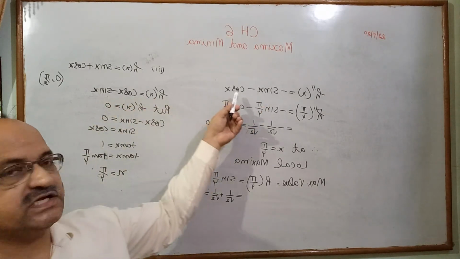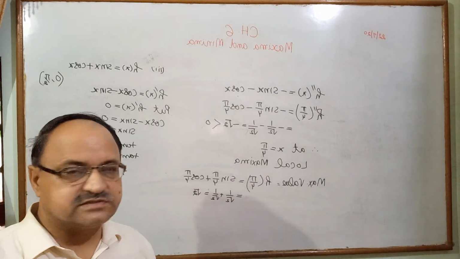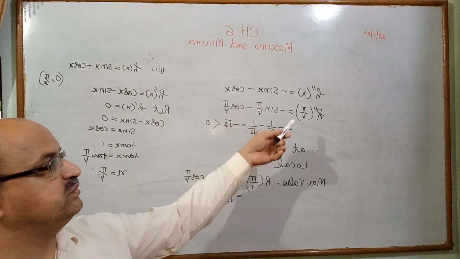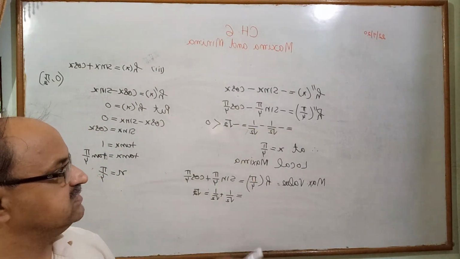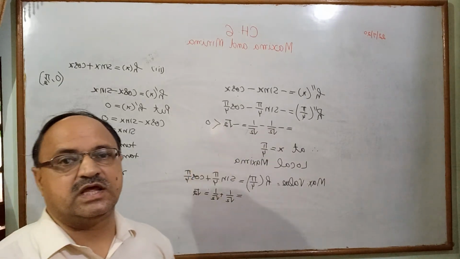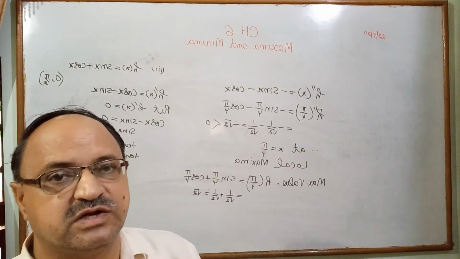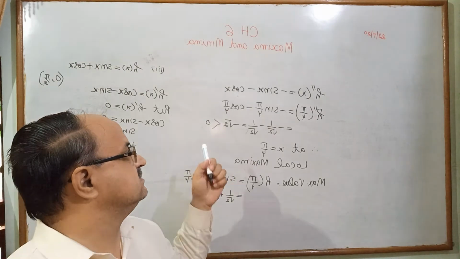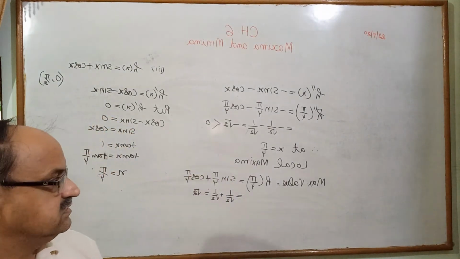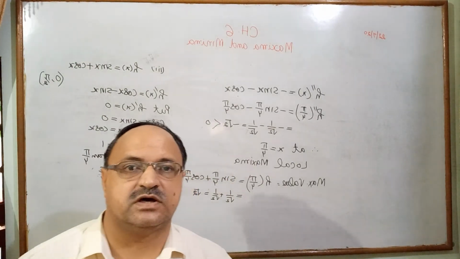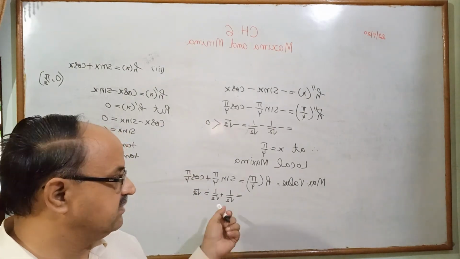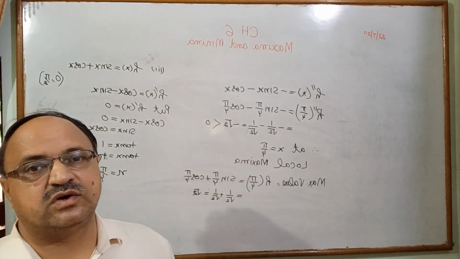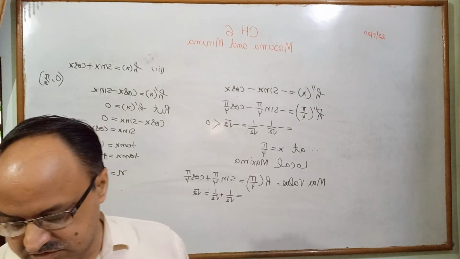The derivative of sin x is cos x. And when you put the value of x as pi by 4, the result is negative. If the second order derivative is negative, it means local maximum. Correct? And the local maximum value you can find in the original function. Clear?